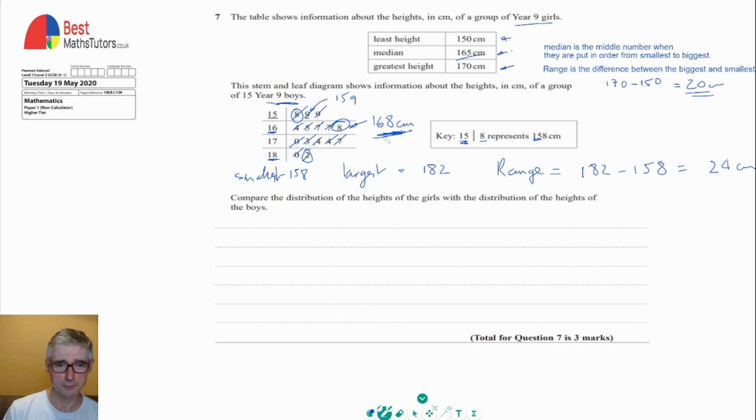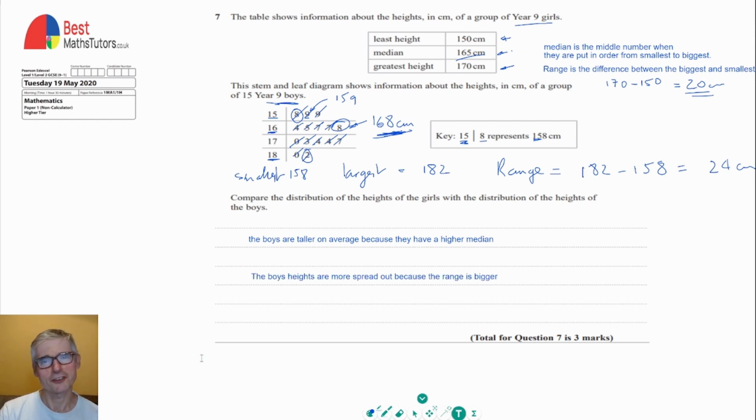And the other thing we can compare is the range, which tells us how spread out the heights are. Because the boys have a greater range in height, we can say the boys' heights are more spread out, because the range is bigger. And that's enough to get us the 3 marks that's there.